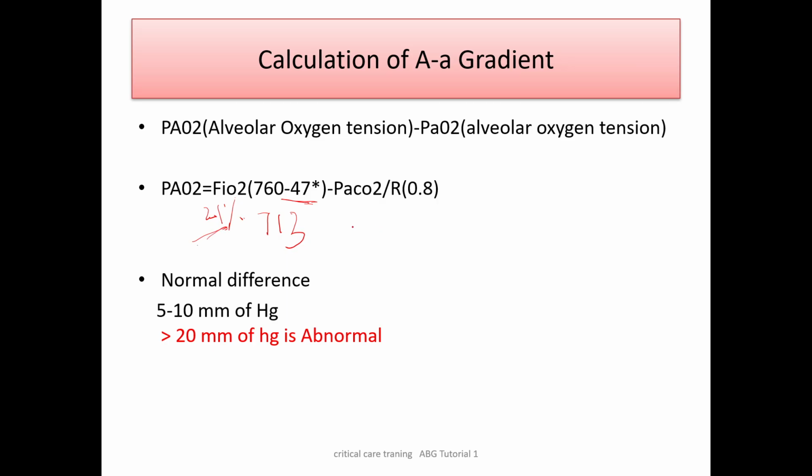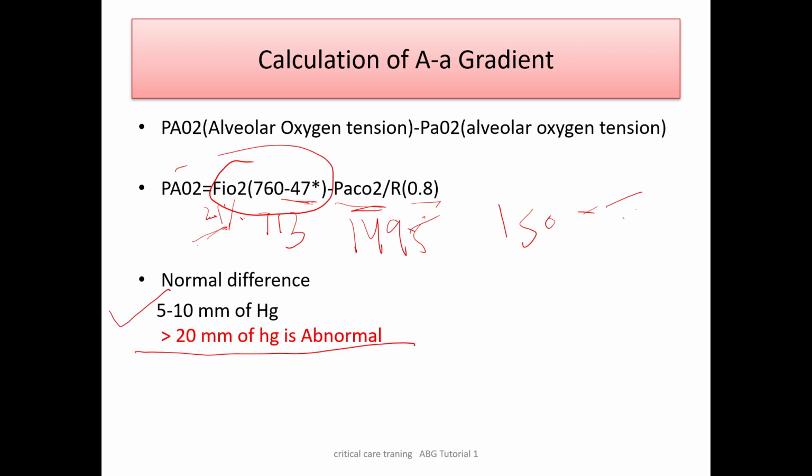If you calculate this, it turns out to be around 149.5. So this value, say 150, minus the PaCO2 you see on the ABG divided by 0.8, which is the respiratory quotient. Normally you will see 5 to 10 millimeter of mercury. If it is more than 20, then it is abnormal.